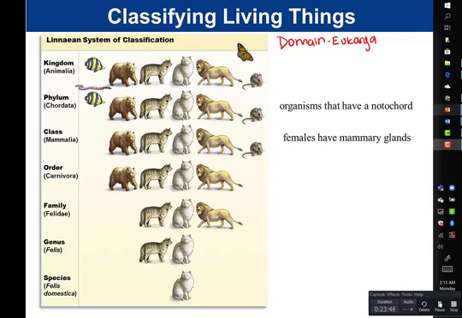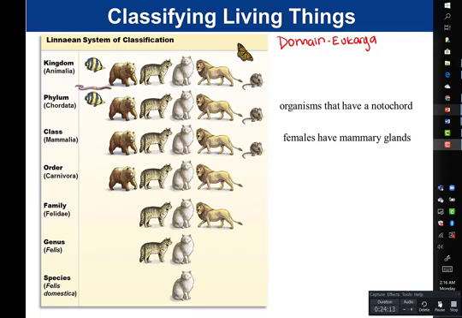So remember that within domain eukarya, we have our plants, we have our fungi, we have our animals. So domain is very broad. Now we're getting to kingdom and we're getting more specific. So now kingdom is going to be Animalia, or the animals. So now the plants are out, the molds, mushrooms, and yeast are out, the protists are out, because those are not within kingdom Animalia.